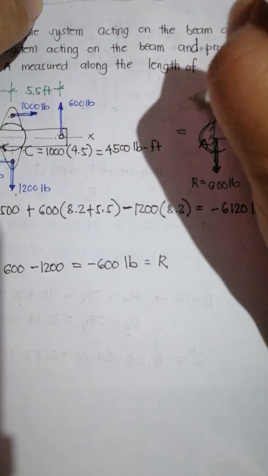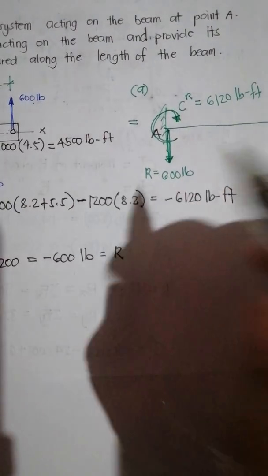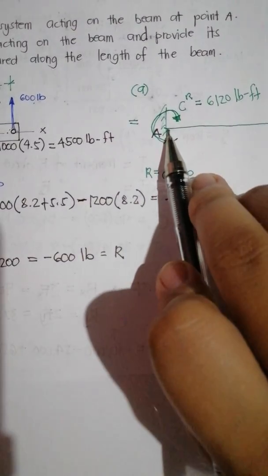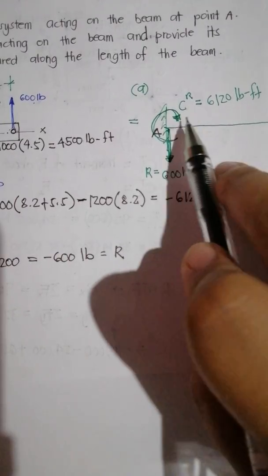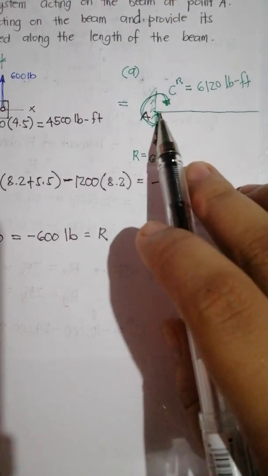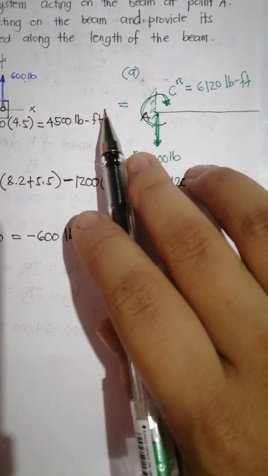This is for A. But what if we have to determine the resultant force system only? Okay? So that only the force remains, this resultant force, we move it to a certain distance to negate this couple resultant. Okay? So the question is, should we move it to the right or should we move it to the left?